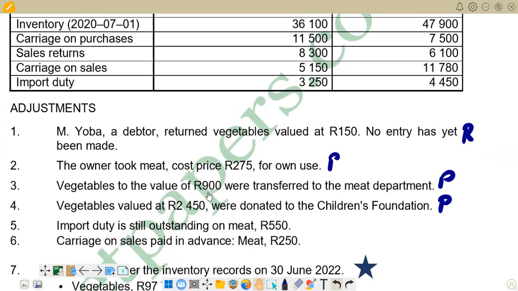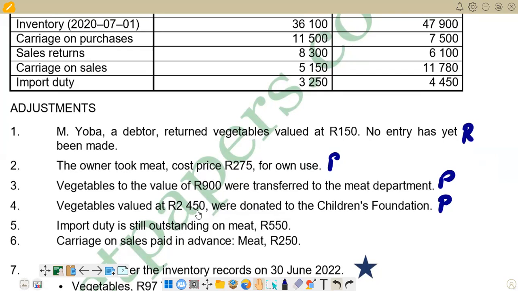We have got 900 here. And we are told that vegetables to the value of 900 rands have been transferred to the meat department. So we're going to subtract this one. It's going to reduce the amount of purchases. Then you go to this one again. It's saying vegetables valued at 2,450 were donated to the Children's Foundation. So it means they were removed again, and they are going to reduce the amount that we have for purchases.